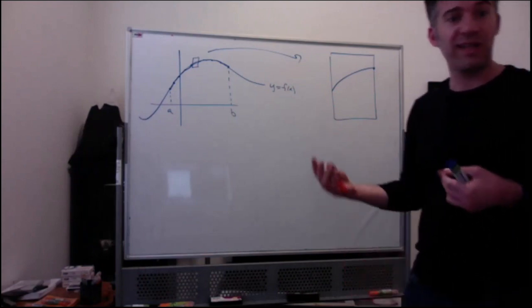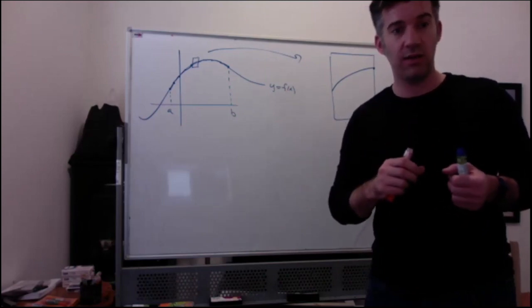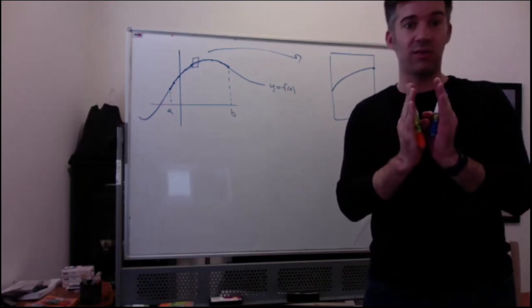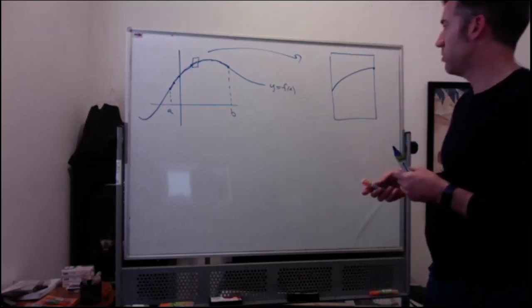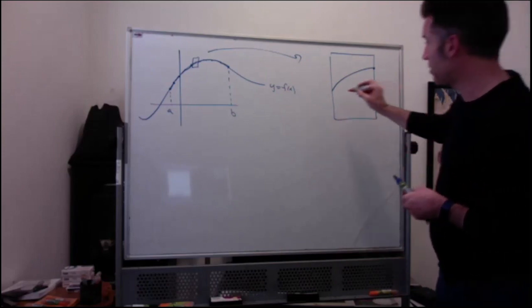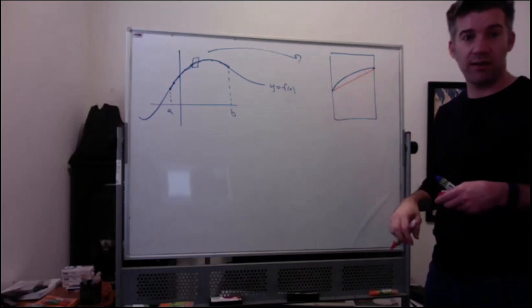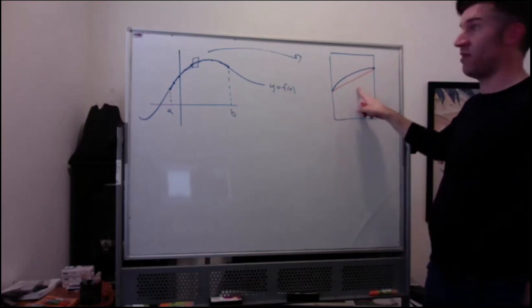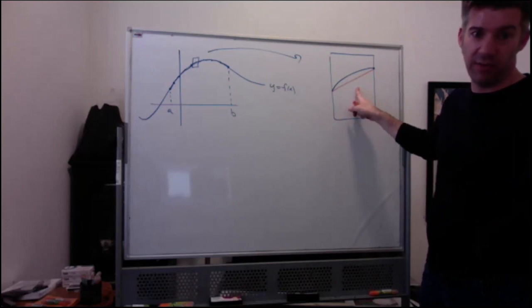Just like we find the area under a curve by using rectangles to estimate the area, and then letting the width of those rectangles get really, really small to estimate better and better, here I'm not going to use a rectangle to estimate area. I'm going to use a diagonal line to estimate the length of that curvy line, because I know how to find the length of a diagonal line. I can really use the Pythagorean theorem.